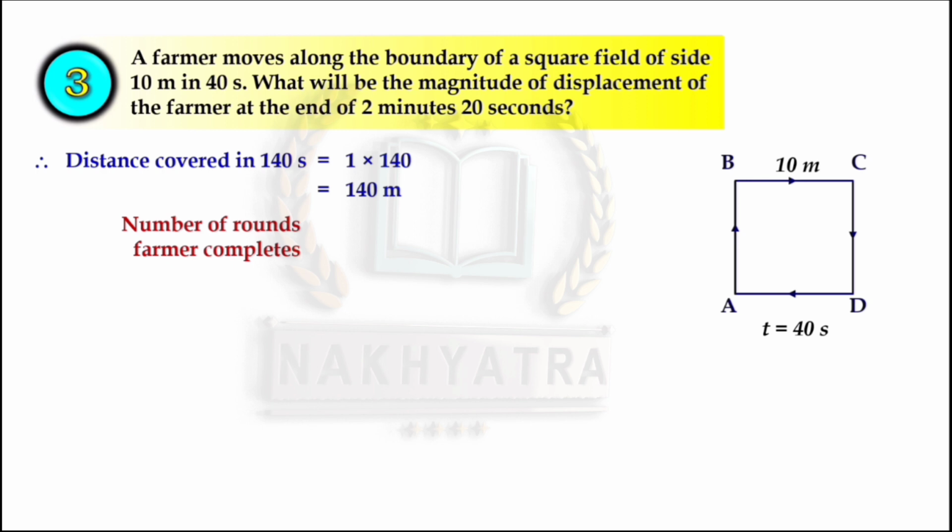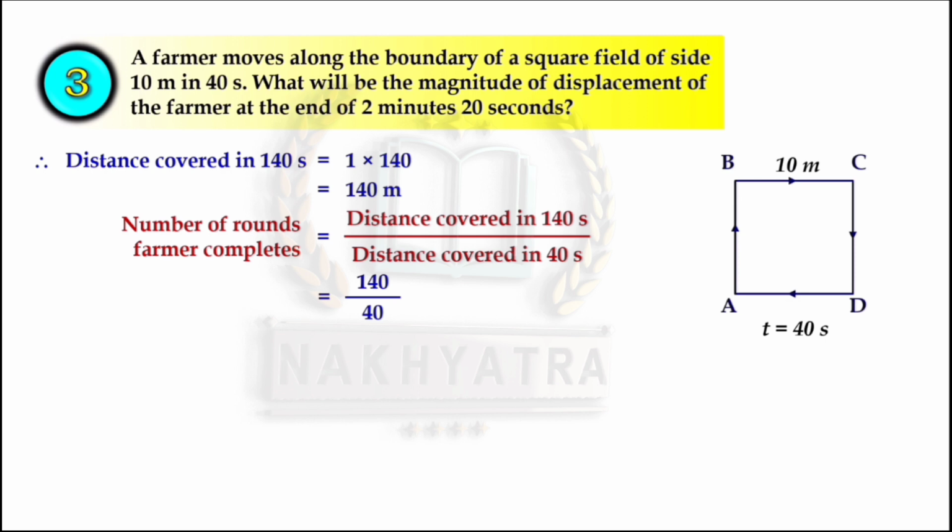Now see the number of rounds the farmer completes, equal to distance covered in 140 seconds by distance covered in 40 seconds. So 140 by 40, and we will get 3.5 rounds.